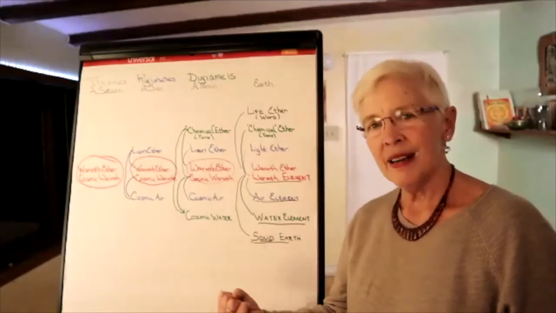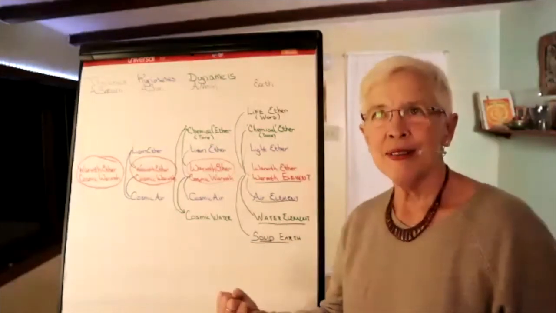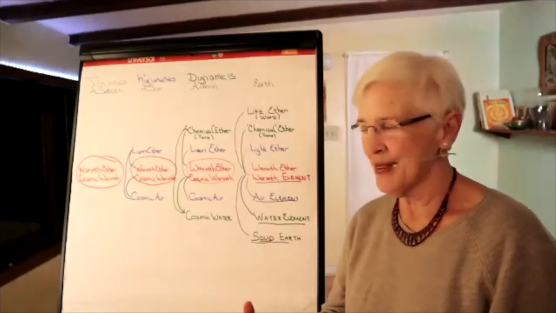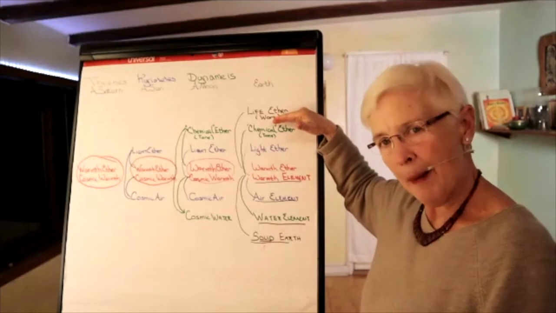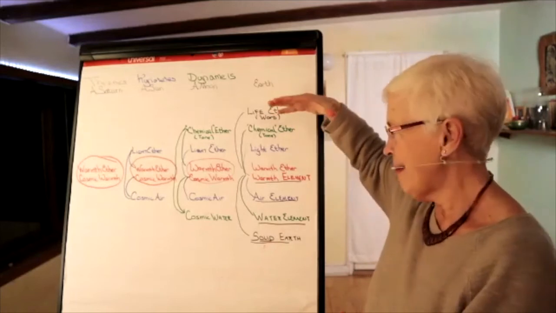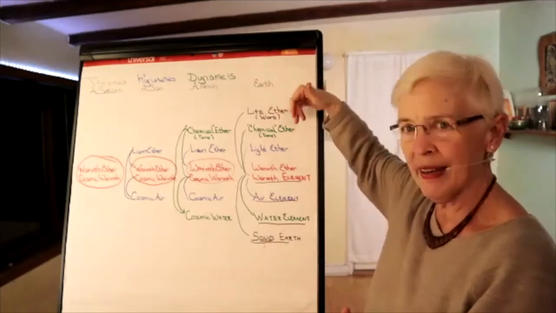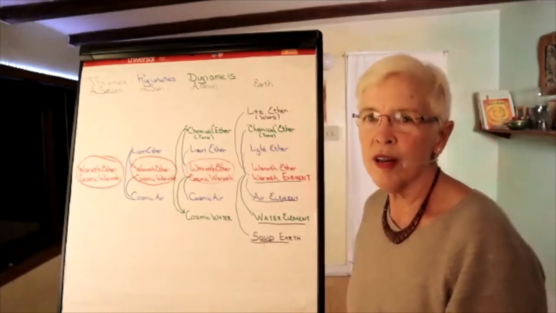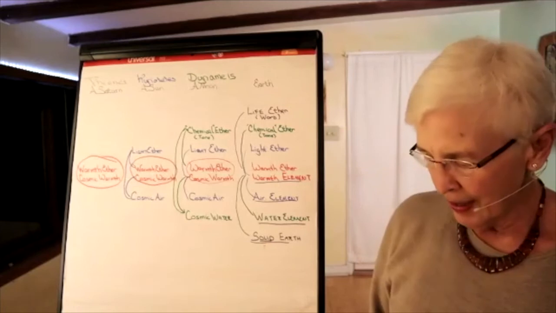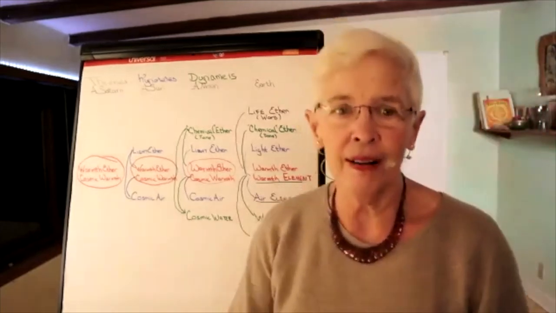It's actually a condition where spirit cannot penetrate of its own. And the exact complement to that, the opposite, the equalizer to that, is the so-called life ether. It's also called the word ether, the logos ether, the highest ether of all.